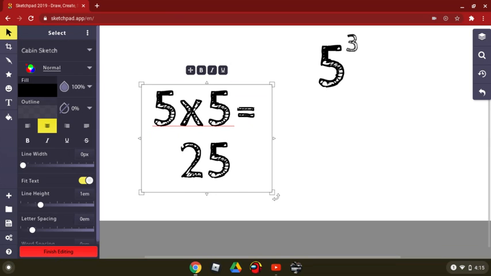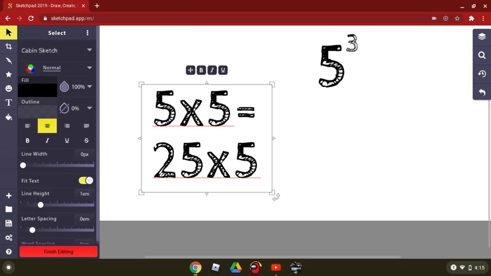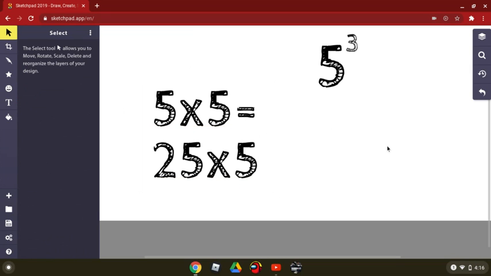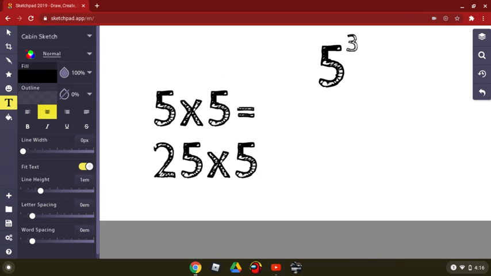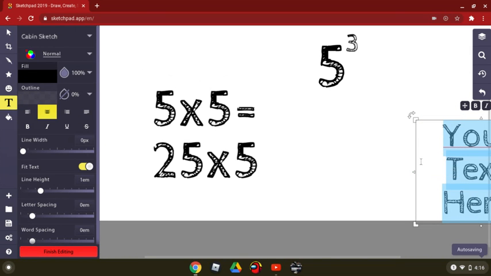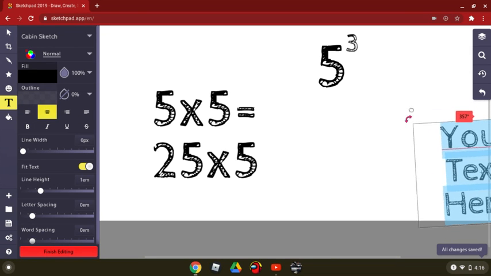We're looking for 5 to the third power, or 5 cubed. Well, 25 times 5 is 5 to the third power. 25 times 5 should equal 125. And that is your answer right there, 125.